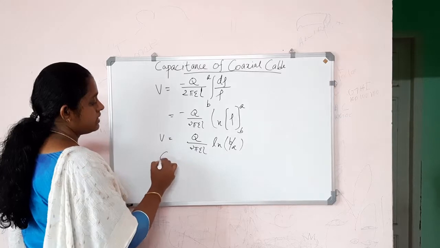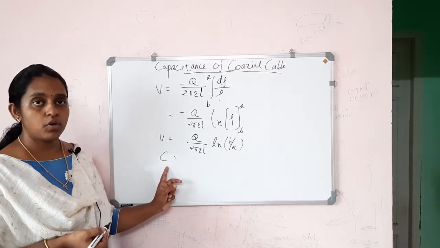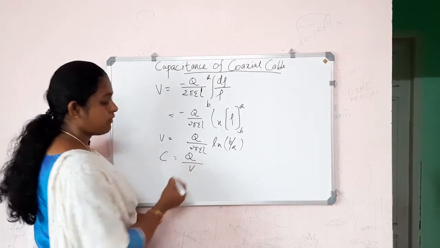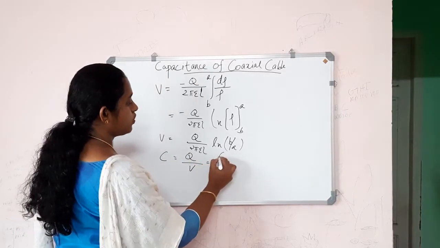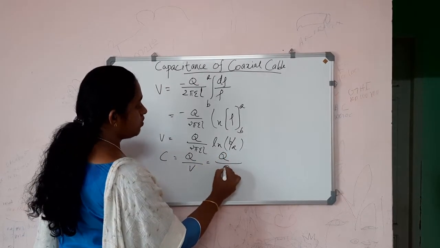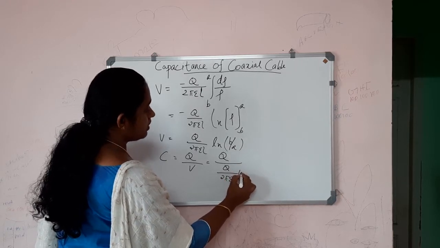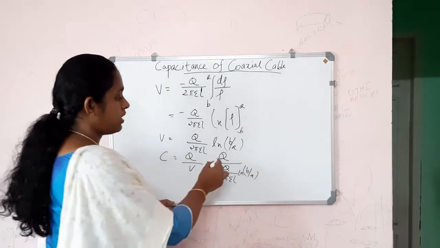Then what is capacitance? How can we find the capacitance? We can find it by one familiar equation, C equal to Q by V. Then substitute the value of V here. So Q by, again Q by 2 pi epsilon L log B by A. So this Q and Q cancel.